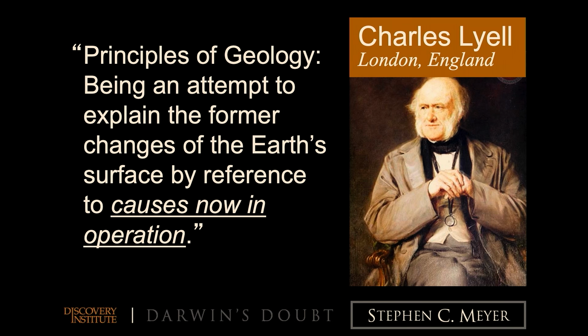This was a method pioneered by Charles Darwin, drawing on the work of the pioneering geologist Charles Lyell, who said that when we're trying to explain events in the remote past, we should be looking for causes that we know are in operation, causes that are known to have the power to produce the effect in question.